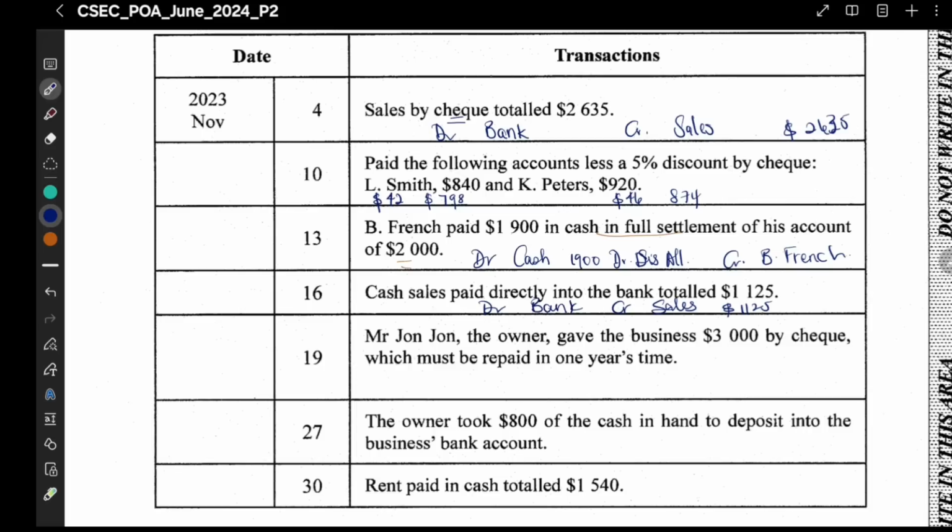Mr. John, the owner, gave the business $3,000 by check, which must be repaid in 1 year time. So we can treat this either as a loan or this is capital invested. So let's treat it as capital. So the bank is increasing, so you debit bank because you put in a check, and credit, let's say capital, and that's going to be $3,000.